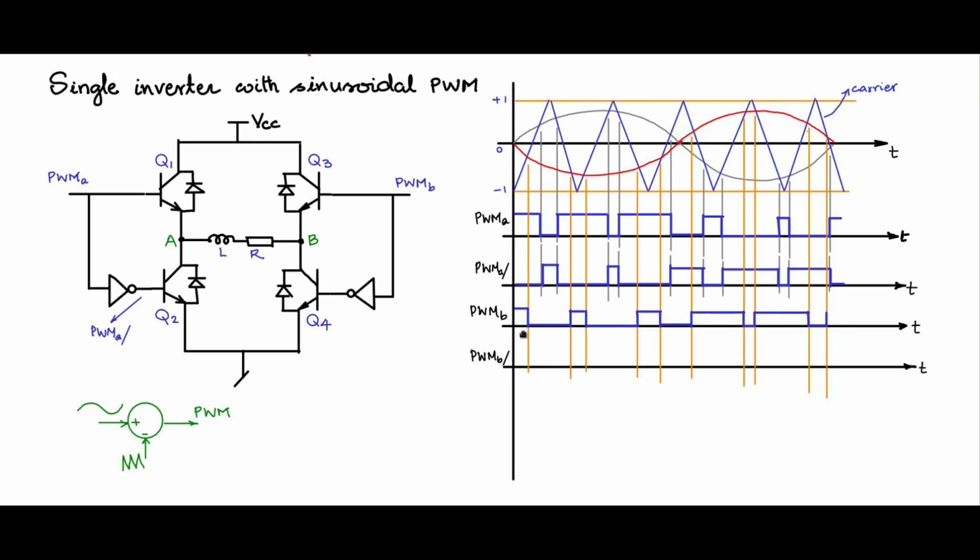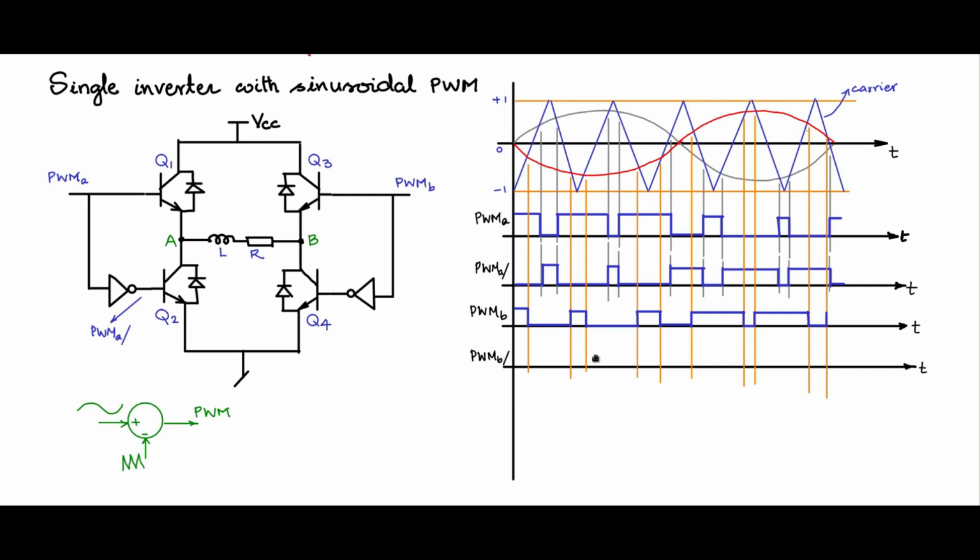You see PWM B. Compare PWM A and PWM B. In PWM A, you have more and wider pulses during the time when the modulating signal is positive. Likewise, PWM B has wider pulses when the 180 degrees phase shifted signal is more positive.